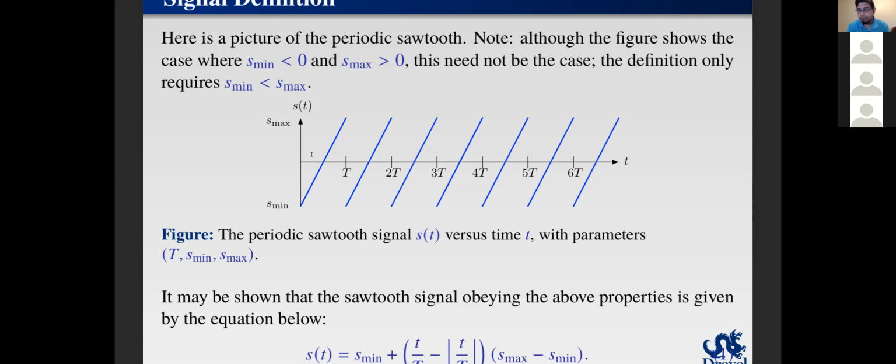If I could divide this time period capital T into equally spaced intervals, then my small t over capital T value would lie in one of these intervals. Does that make sense?